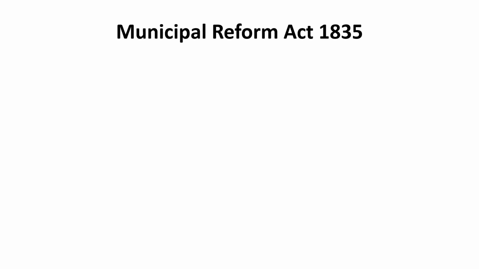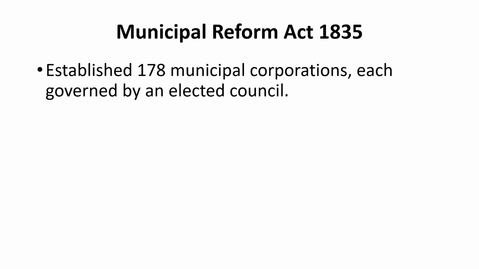This brings us to the subject of Victorian town halls. In the 19th century, urban expansion necessitated reform in local government. The Municipal Reform Act of 1835 established 178 municipal corporations, each governed by an elected council.